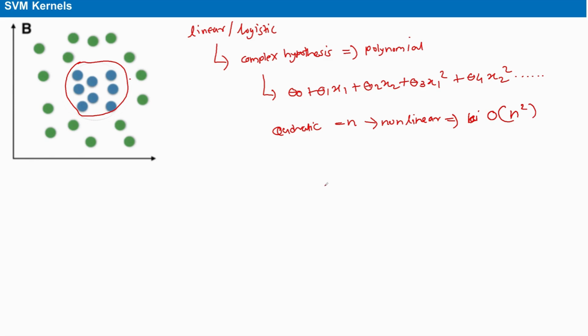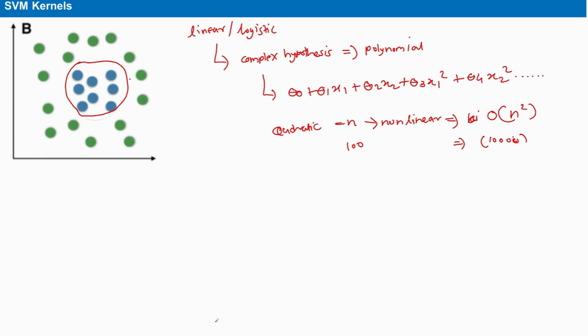So if you have 100 features and use the quadratic equation, it will create about 10,000 more features, which is very expensive. This is one problem of this kind of algorithm. And if you are using the cubic equation, this number goes even higher. It will become big O of n cube. So this is one disadvantage.